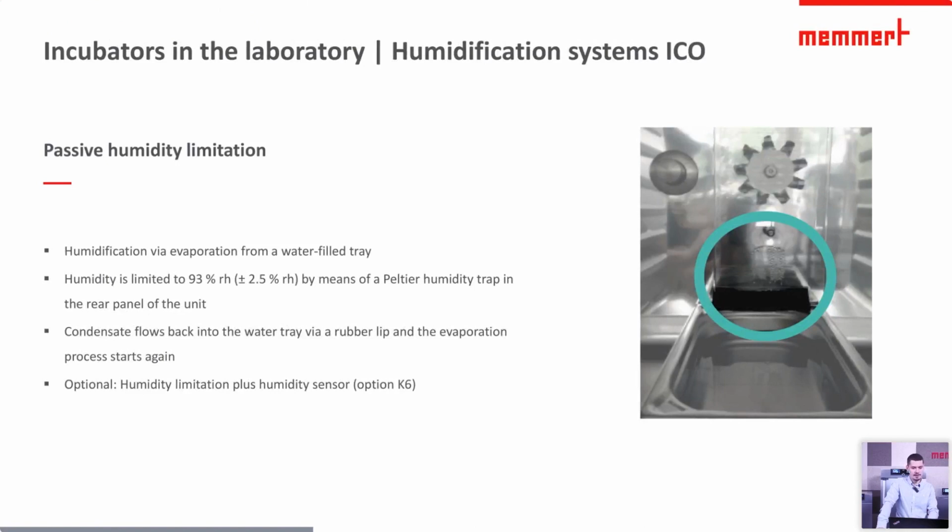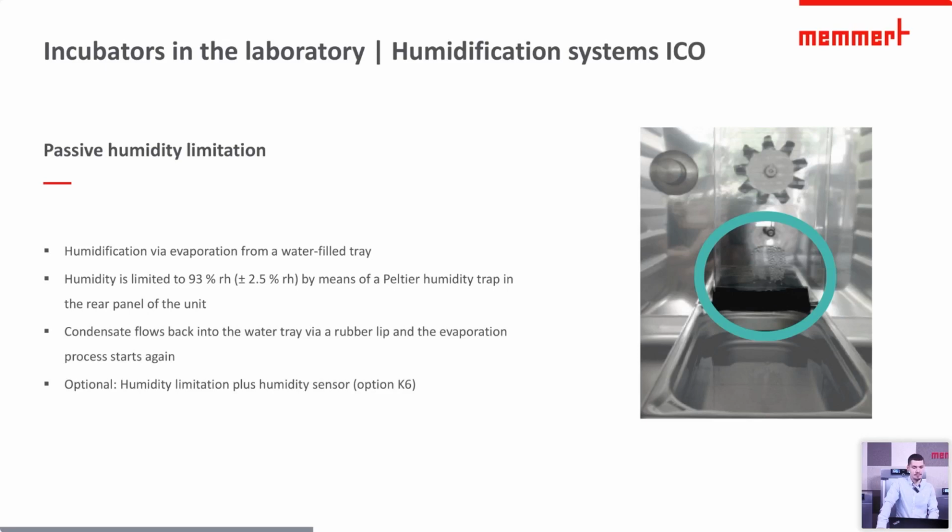The ICO models are available with 2 different humidification systems, one with passive and one with active humidity. Passive humidity control is a standard feature of the ICO devices. Humidification is by evaporation via water-filled trays at the bottom of the device.